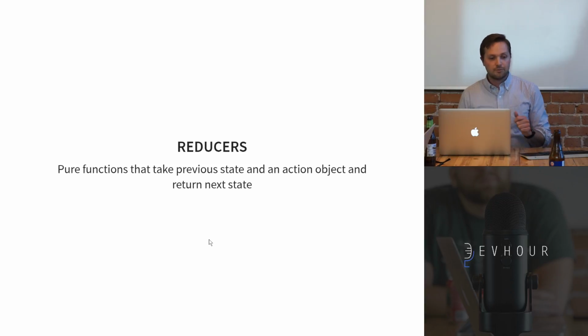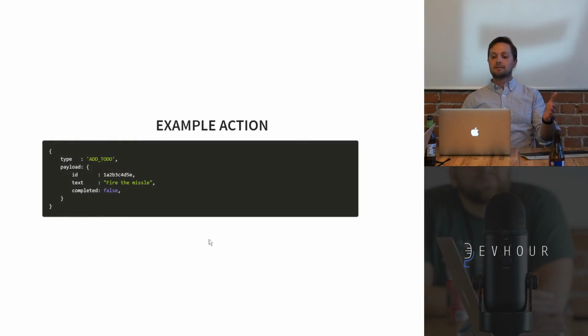Now, Redux uses reducers, which are pure functions that take the previous state that you had and an action that happens, and it returns the next state. So an example action would be something like this.